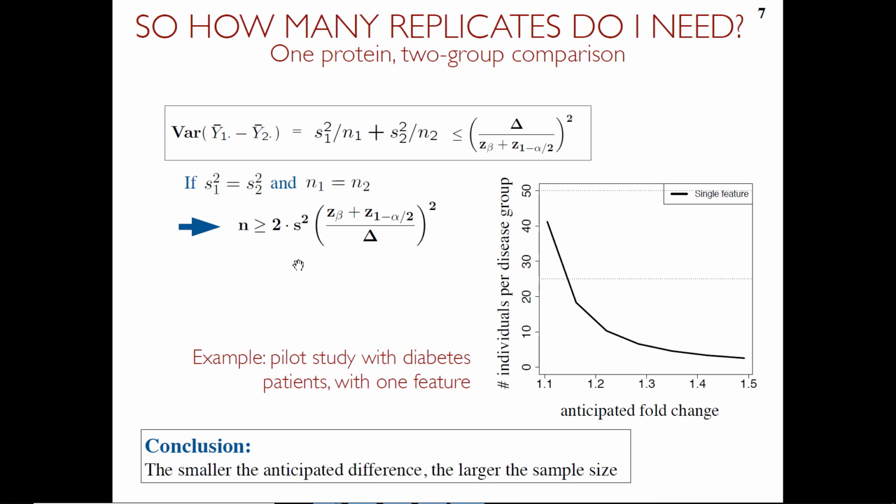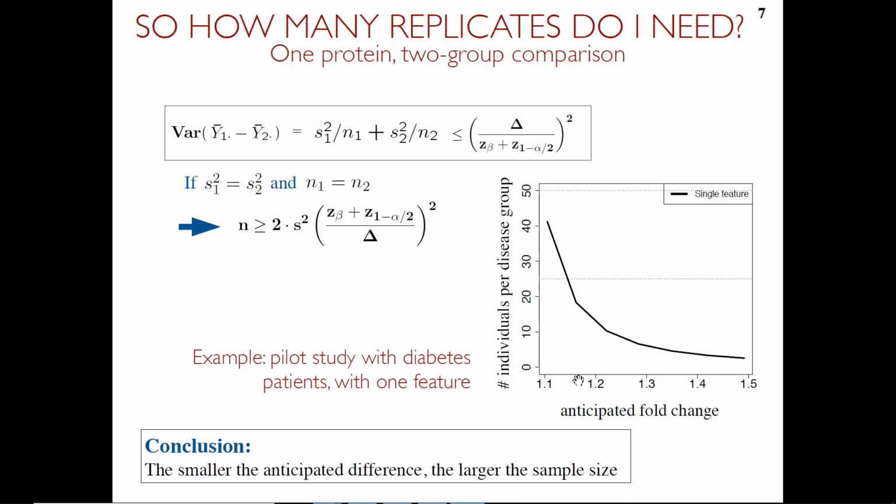It's really easy to see that if variance is larger, sample size has to be larger. If fold change is larger, sample size can be smaller. And you can look at alpha and beta to see that if we want larger power, we need a larger sample size. This is how we make this plot. It's a really simple formula that you can write in R, and we looked at it already yesterday.